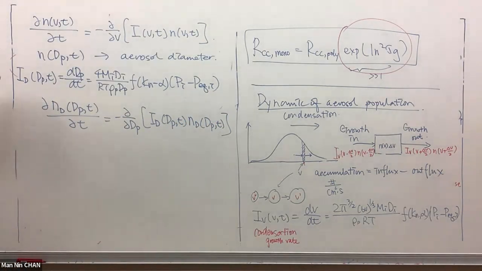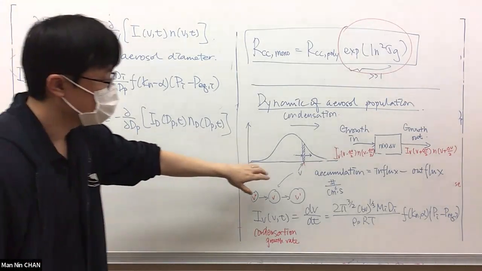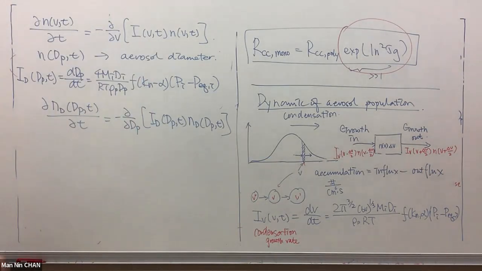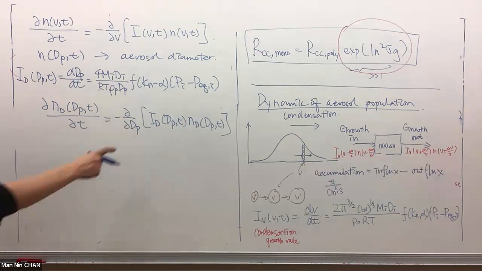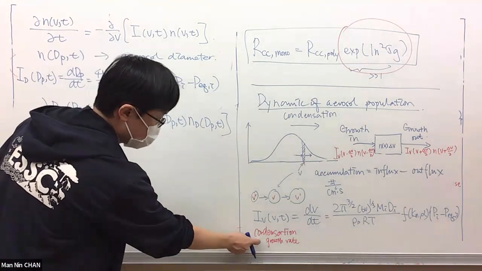So I just try to rewrite this equation using the notation in the textbook. I just change to the particle diameter in this term. And then this I_D means just the condensational growth rate.